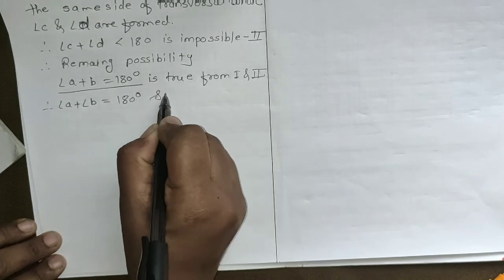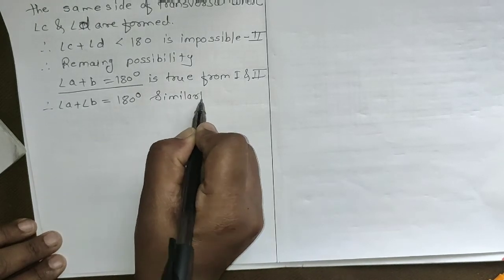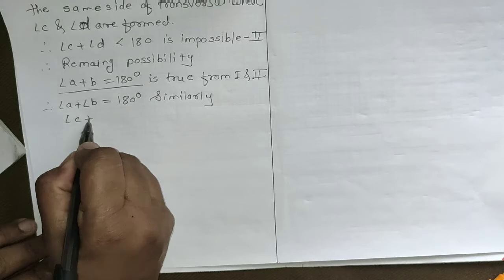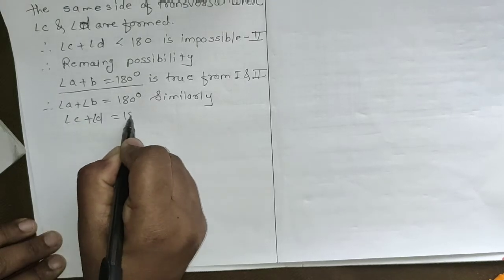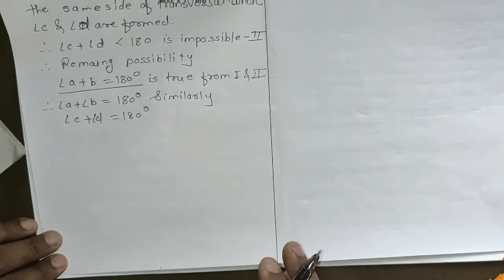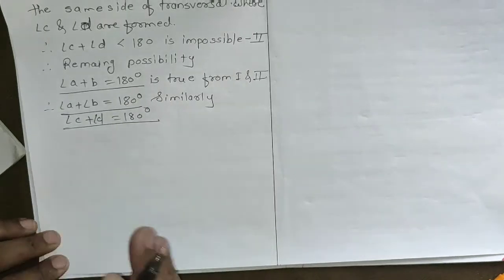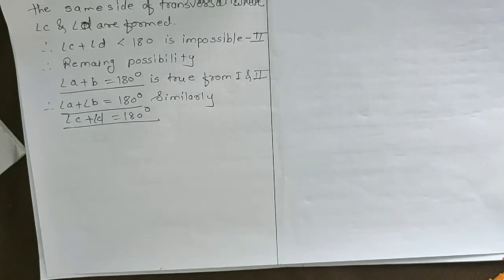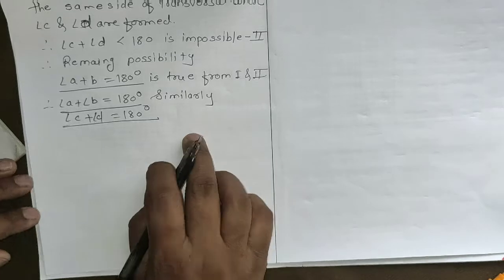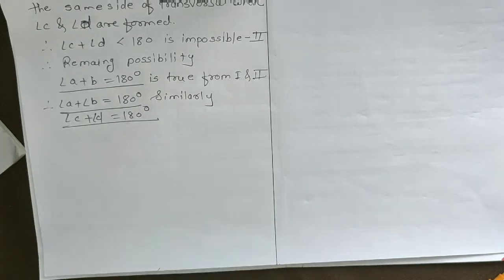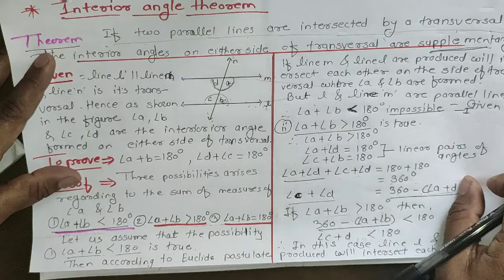Similarly, angle C plus angle D is equal to 180 degrees. So these two are the possibilities, meaning whichever interior angles form on one side, they are supplementary. So we have to write that this is the indirect proof. Whenever you are solving, we have to take the three conditions.